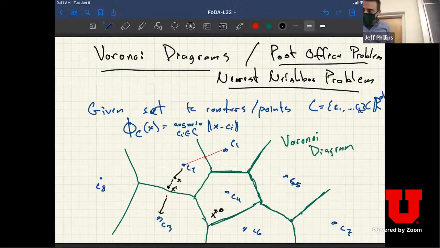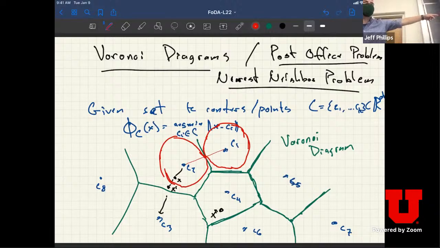Yeah, right. So one way of thinking about this is that if I were to draw a circle around C1, and there's another one around C2 of the same radius, these circles touch right at this boundary.